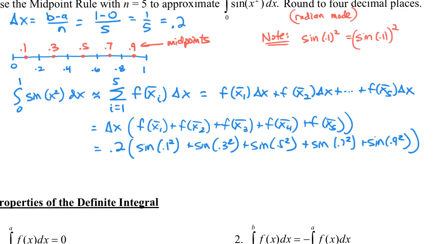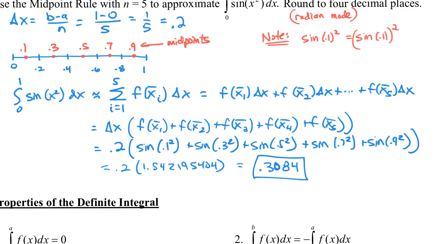I'll write this down. Again, this is just a tedious section. It really is. It's going to be 0.2 times 1.542195404, which is about equal to 0.3084.